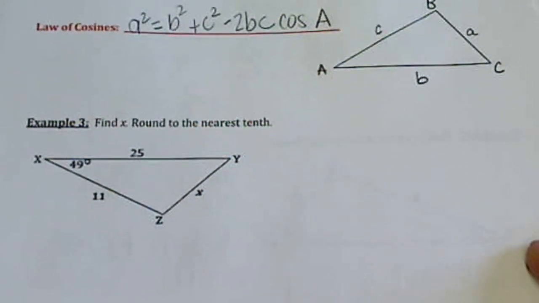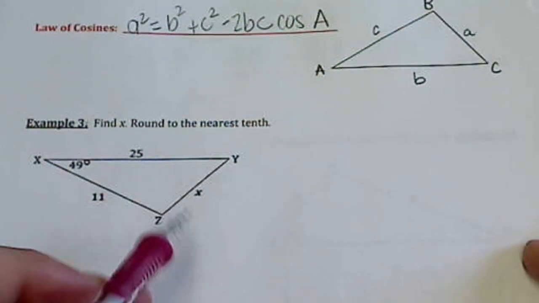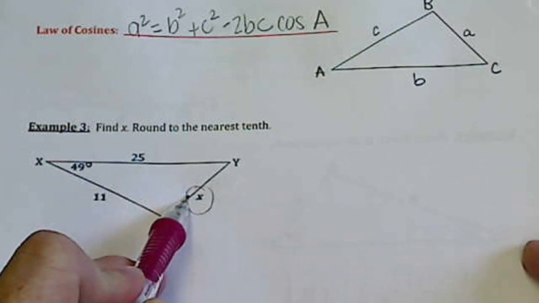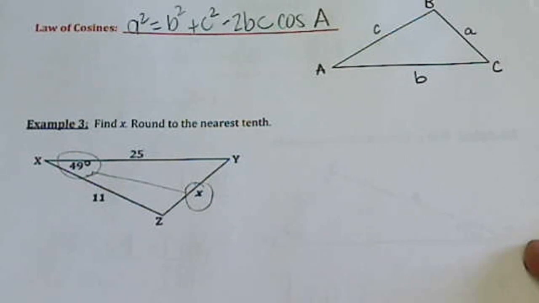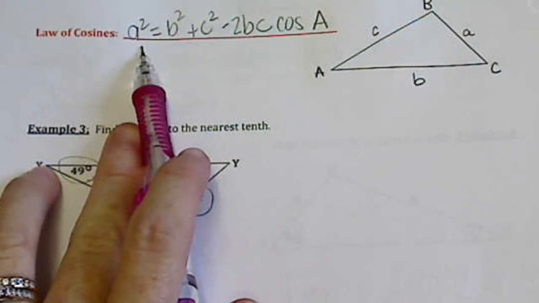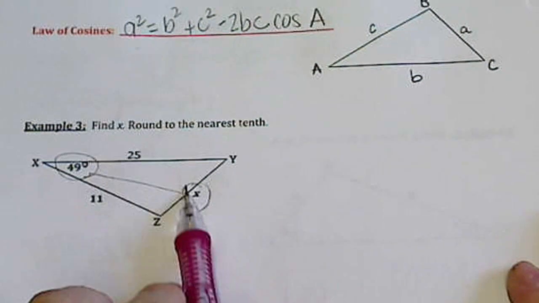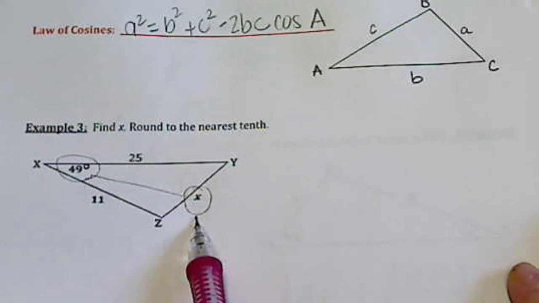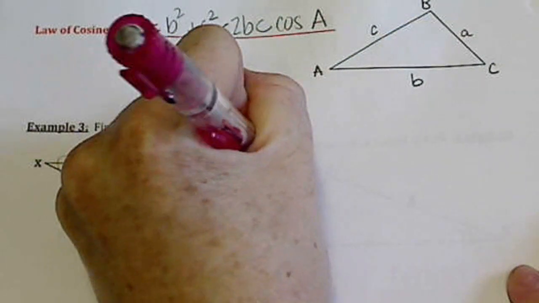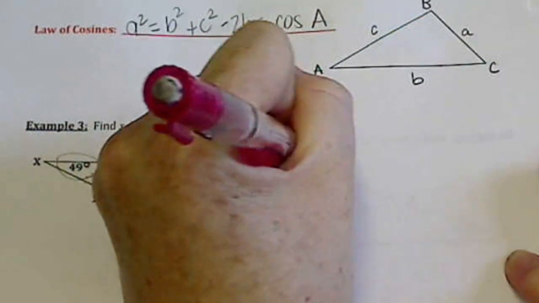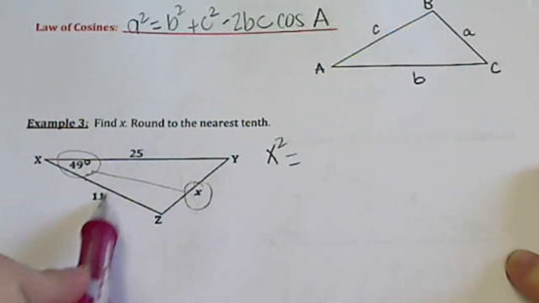Okay, in example 3, you want to find x. So always look at the side or angle opposite. So our law of cosines says a squared. So in this case it's x squared because you know the angle 49. X squared equals, now we're going to use these other two sides.